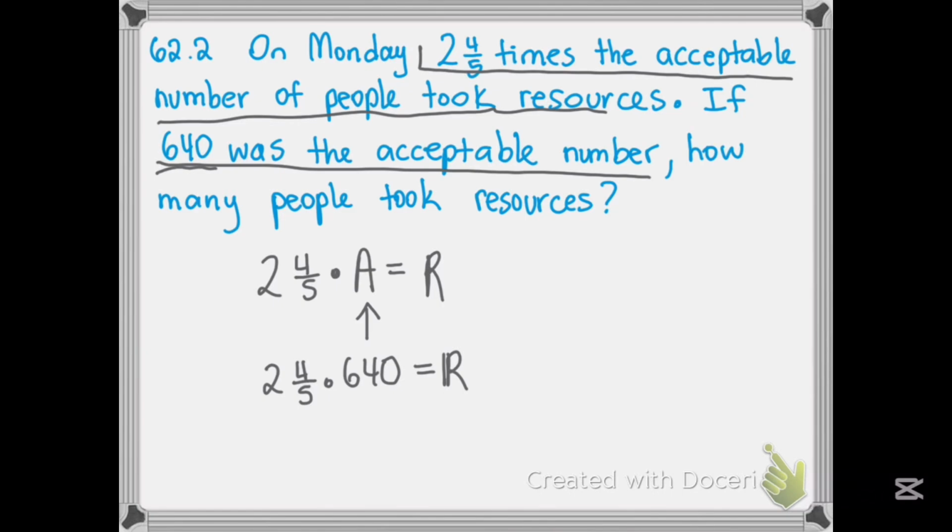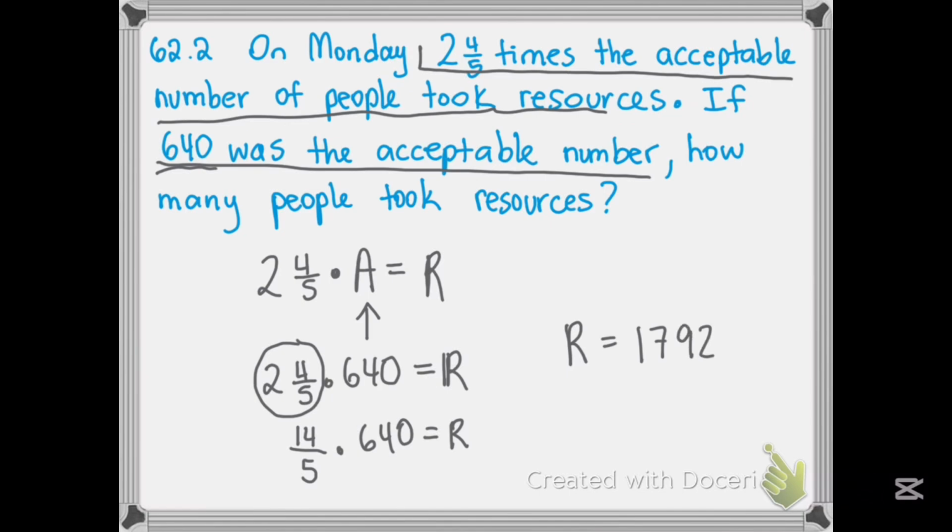And to multiply that, I have to pass these two improper. So 2 times 5 is 10, plus 4 is 14 fifths times 640. And when we do that multiplication and division, we get 1,792 people took resources. And that's it.